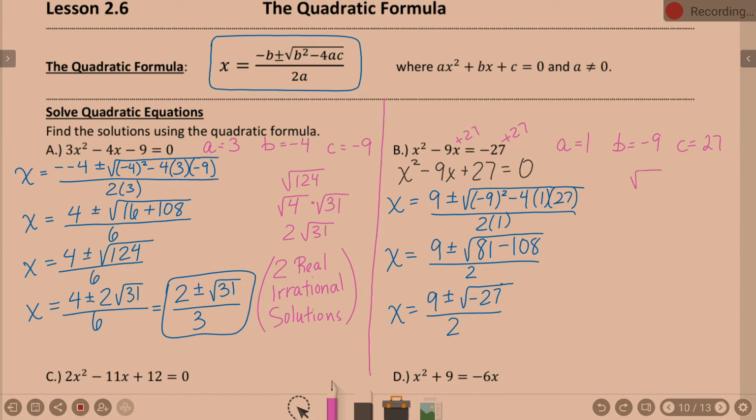Square root of 9. Square root of negative 27. First of all, there's a negative, yes? So I pulled that square root of negative 1 out. The square root of negative 1 is going to be i. And then, why did I say I liked the i, but I didn't quite like the 27?